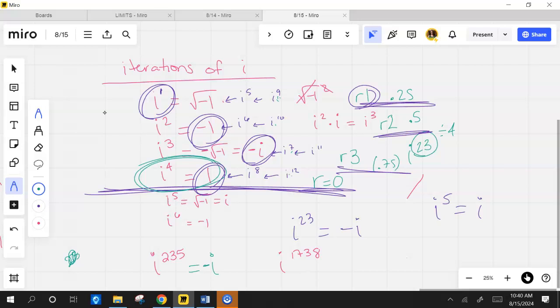It's 2. How do you get negative 1? So 1738 divided by 4 is 434.5, which is i squared, which is negative 1.